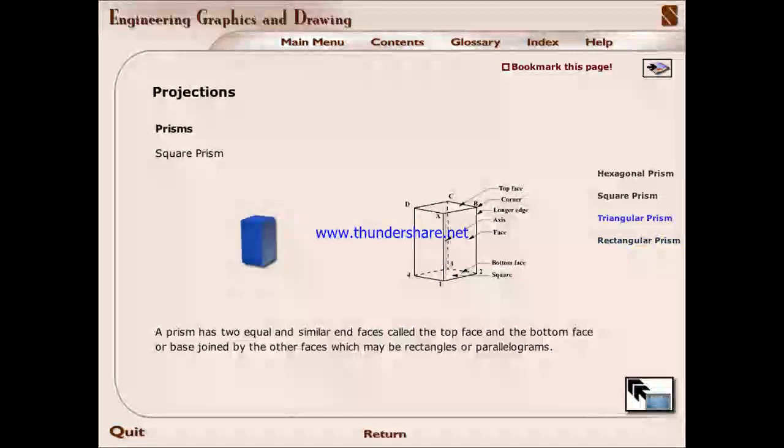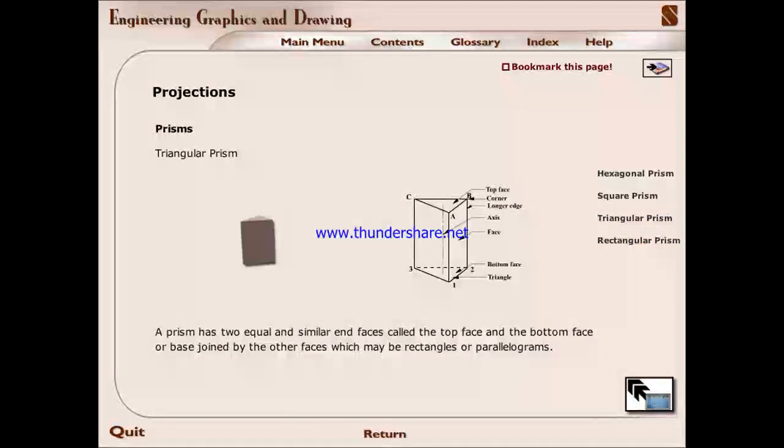Similarly, triangular prism. A prism has two equal and similar end faces called the top face and the bottom face or base joined by the other faces, which may be rectangles or parallelograms. Okay, this is a general definition. Triangular prism.